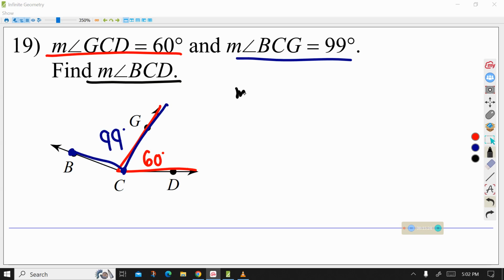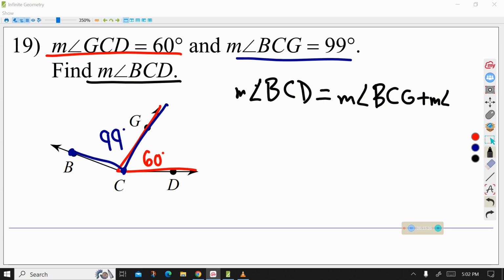But we know the measure of BCD is equal to what I get if I add up the two pieces, okay? So the two pieces are BCG plus DCG, or in this case, they call it GCD. So I'm going to use the same name that they have up here. So anyway, BCD will be equal to what I get when I add up these two.